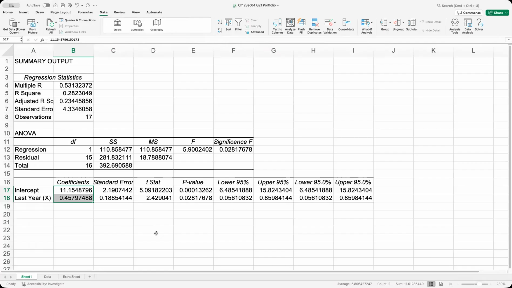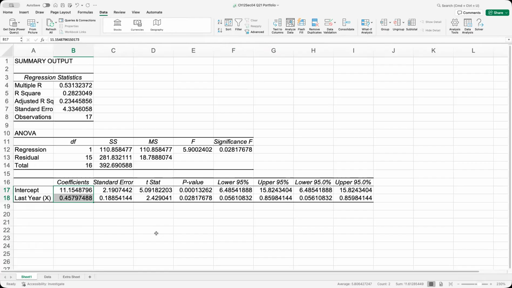A hypothesis test and a confidence interval are related to each other. I've used that to see if the slope is ever 0 or not.